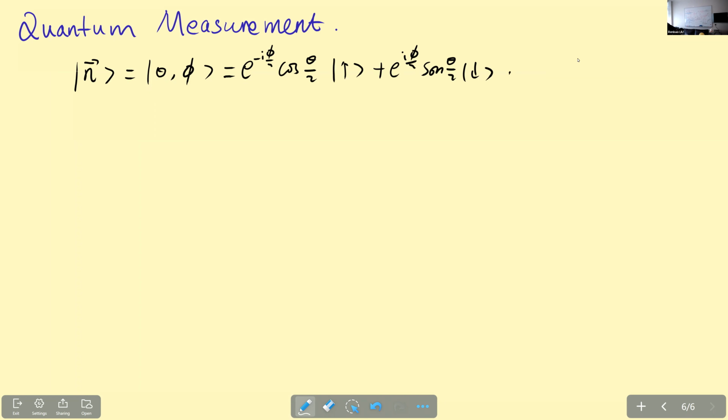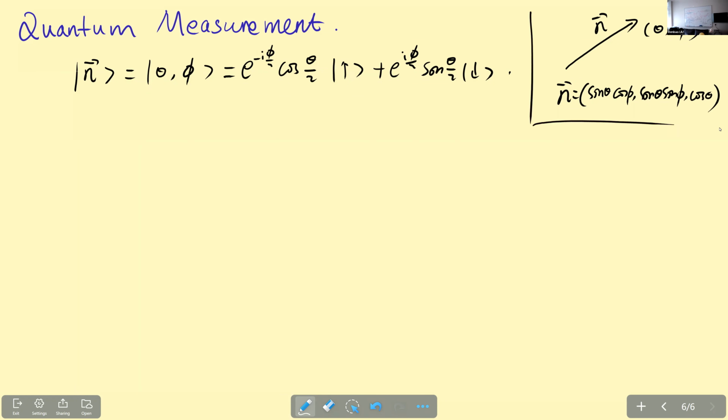We know that this state is given by this vector specified by the Euler angles theta and phi, right? And this m equals sine theta cosine phi, sine theta sine phi, and cosine theta. Right, so that's the unit direction, okay? It's the Bloch vector.